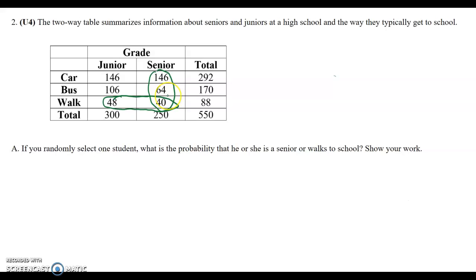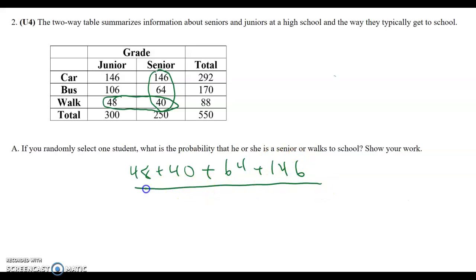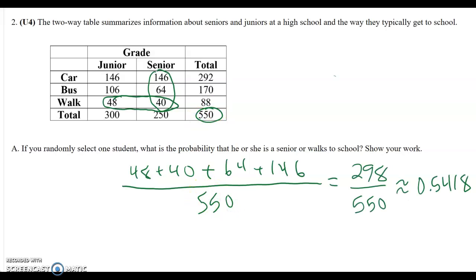We just have to be careful. We don't want to count the 40 twice. To get our 298 students, it's 48 plus 40 plus 64 plus 146, out of the total number of students, 550. And of course, make sure that you've shown your work.